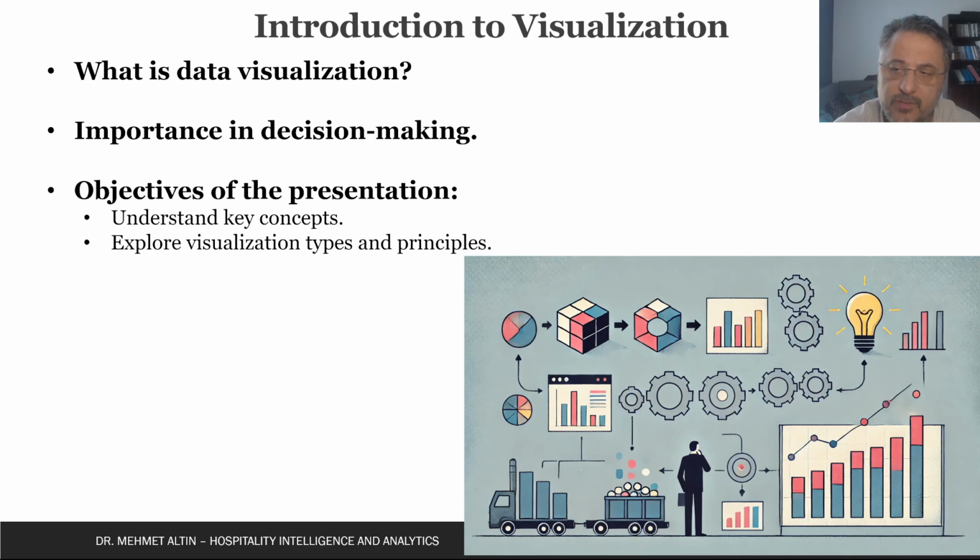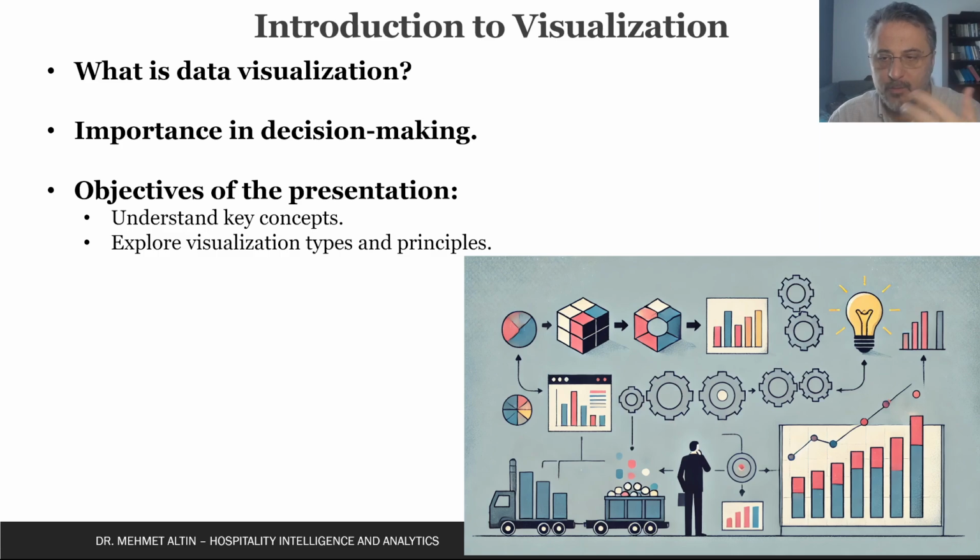Every booking, review, or transaction generates information. But raw data doesn't help us make decisions until we organize it in a way that tells us what's really happening. That's where visualization comes in. It transforms all those numbers into visuals we can interpret quickly and use to make a decision.